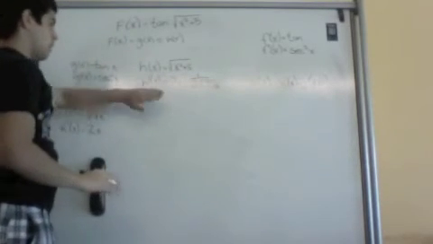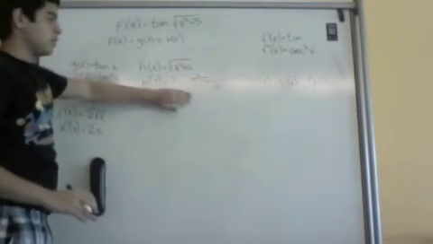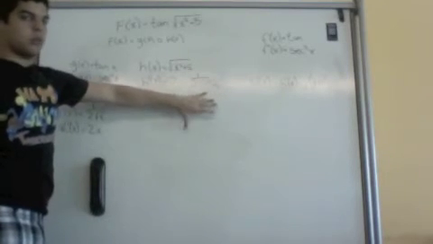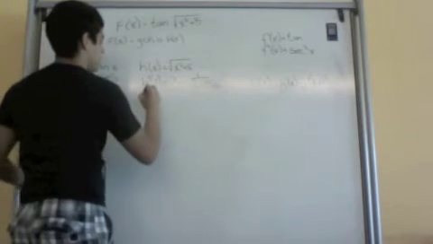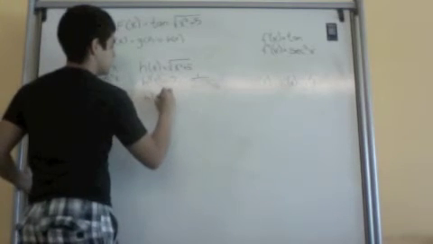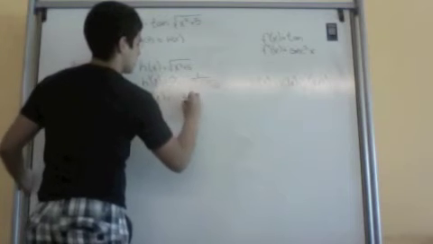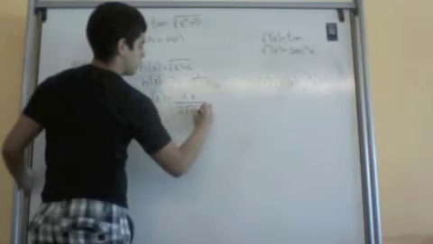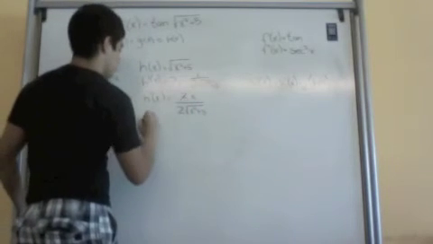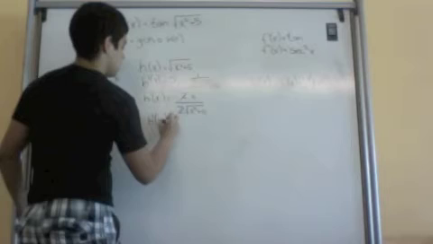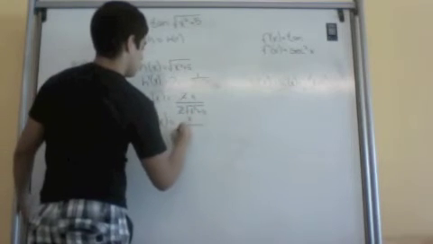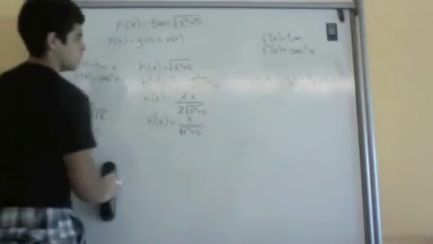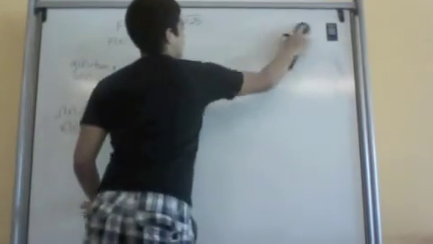So now we have that h prime of x is equal to 2x times 1 over 2 times the square root of x squared plus 5. So now we simplify. H prime of x is equal to 2x over 2 times the square root of x squared plus 5. And we simplify even more. H prime of x is equal to x over the square root of x squared plus 5. So now we have that derivative.